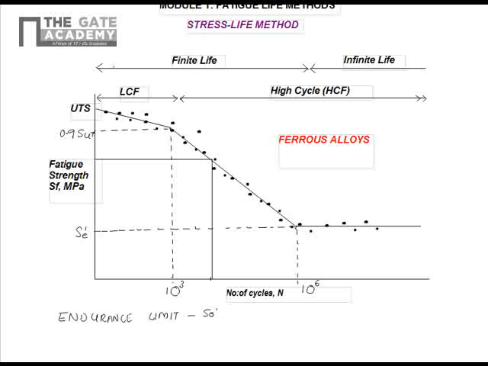So for ferrous alloys we have the well-defined endurance limit, and this divides the SN diagram into two regions, finite life region and infinite life region. And the boundary between the finite life and infinite life is not clearly defined.